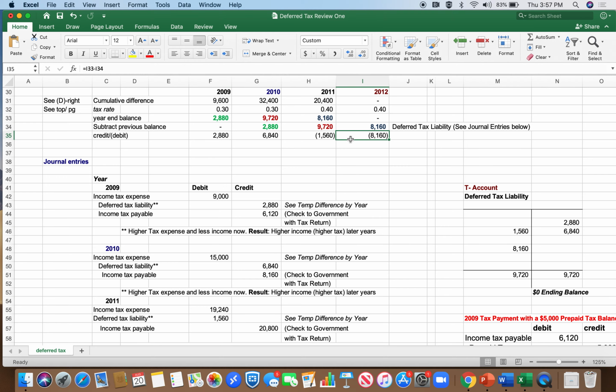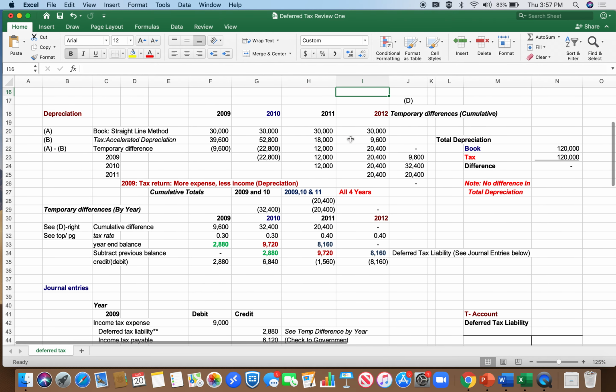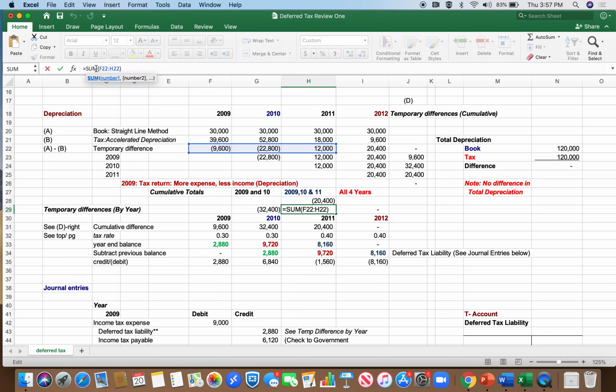How about 2011? Depreciation for tax is less than book, by $12,000, but we have to look at the cumulative difference for all 3 years. That's why I have '09, '10, and '11 in blue. Total difference is 20,400.